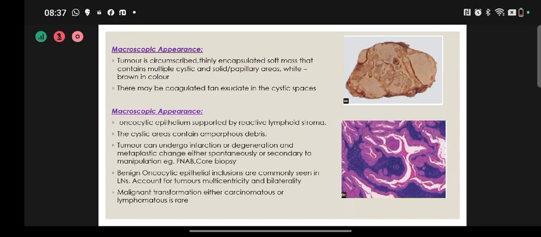It is supported by a reactive lymphoid stroma. The cystic areas may contain amorphous debris. The tumor can undergo infarction or degeneration, and metaplastic changes can occur spontaneously or post an FNAB, the fine needle aspiration biopsy, or a core biopsy. Malignant transformation into carcinomatous or lymphomatous is rare with Warthin's.